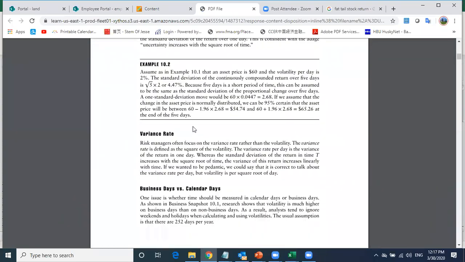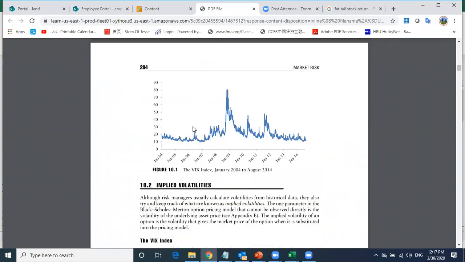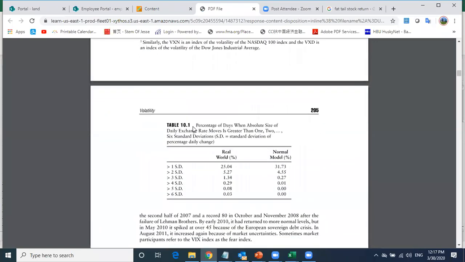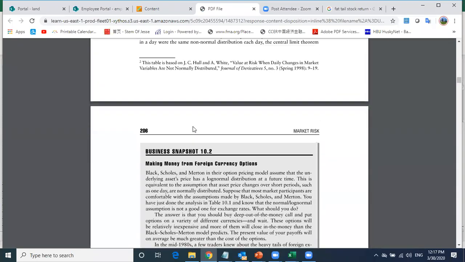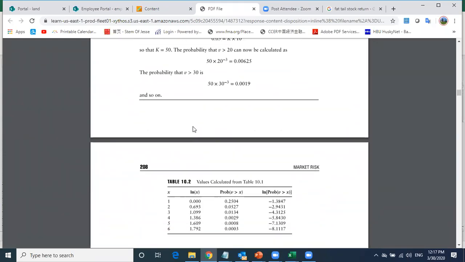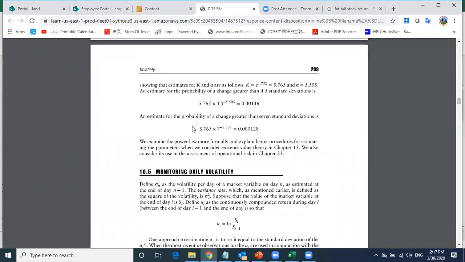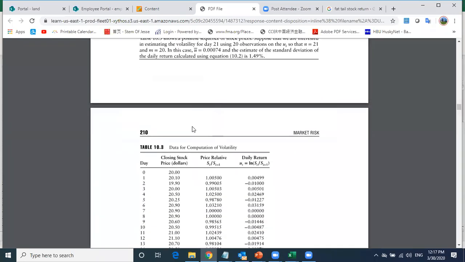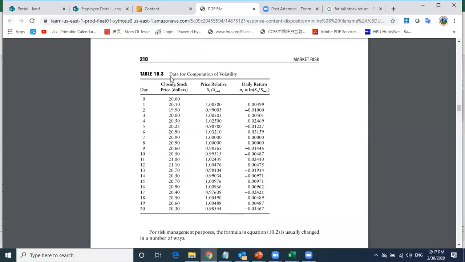We use the same data set so that you will know what I'm talking about and can replicate it after the class. Table 10.3 has the data for the computation of volatility.